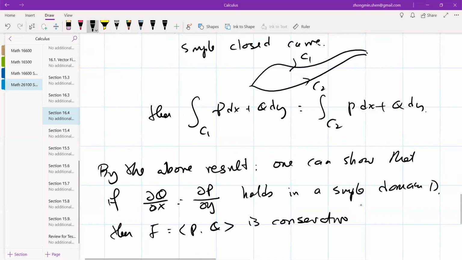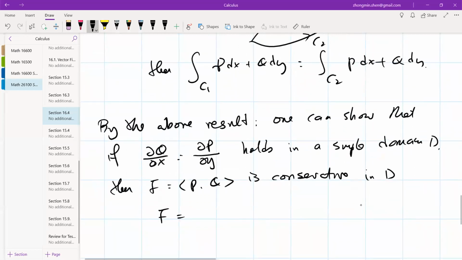You can use a line integral to construct it. F is conservative in D, i.e. F is going to be the gradient of some function f. Now how to construct f? Use a line integral. But you have to prove that the line integral is independent of the choice of particular curve.